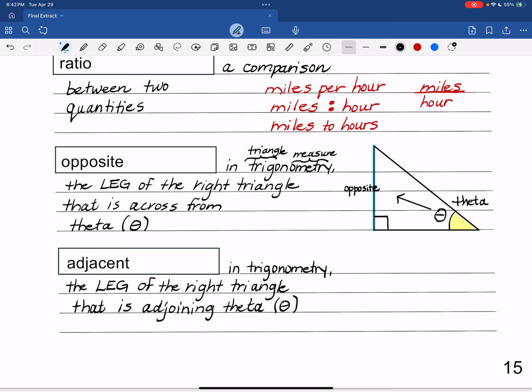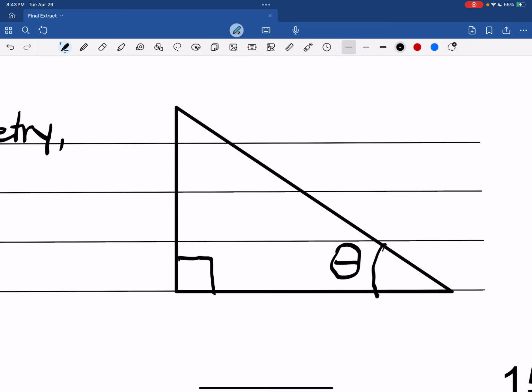So let's draw a right triangle, and I'm going to keep them going the same way for right now because I don't want to confuse you with changing up the direction. So here is the right triangle, or the right angle. Here's little theta, or big theta, whatever theta happens to be. Let's shade her in there.